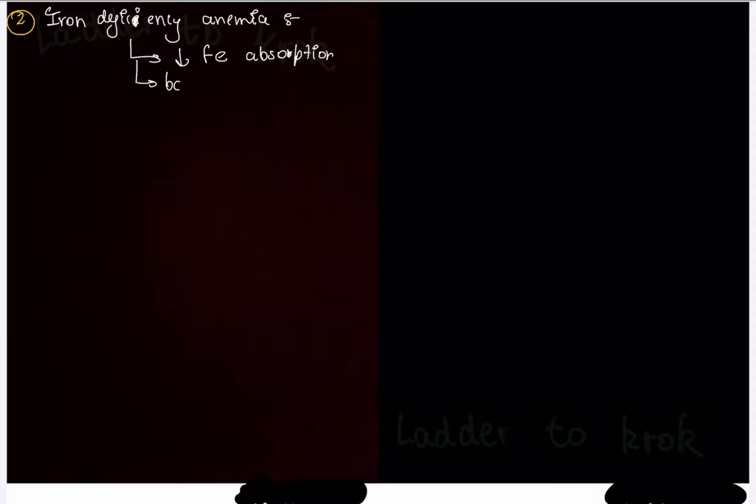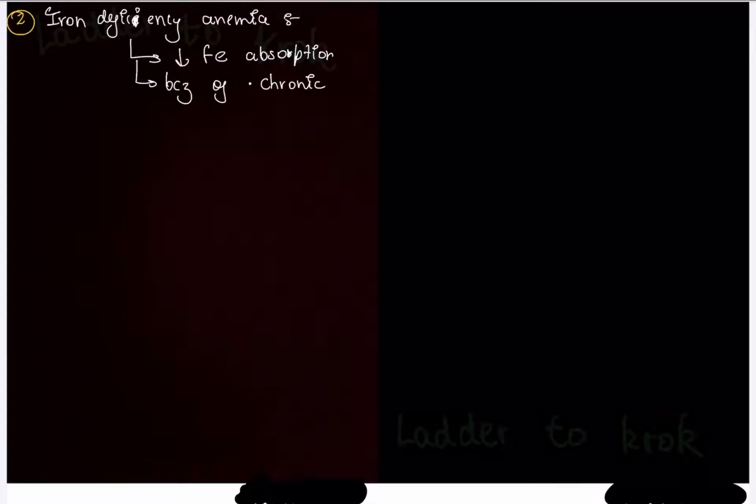Second is iron deficiency anemia. In this, first of all, there is decrease of iron absorption. This usually happens because of chronic bleeding.